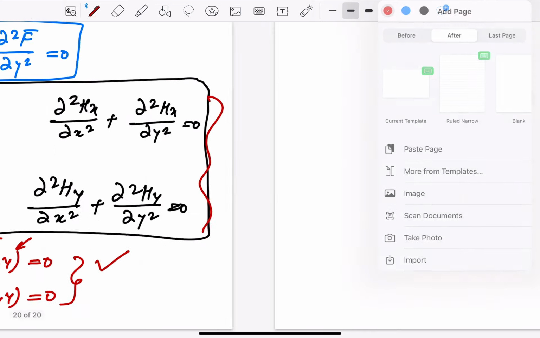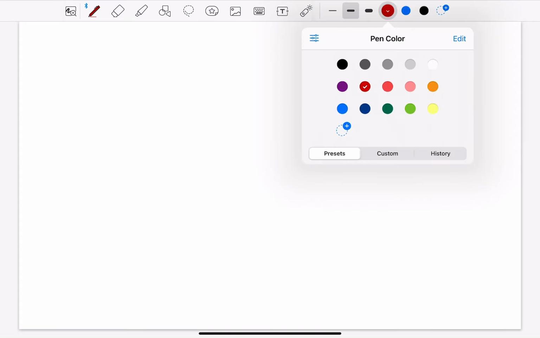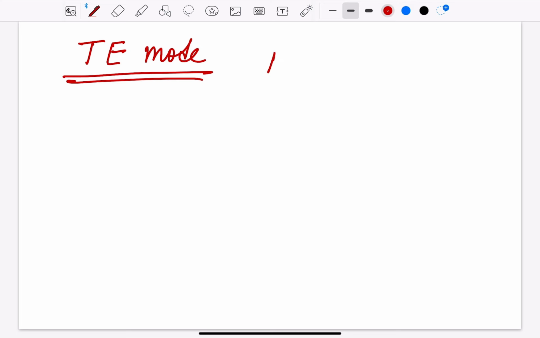Now another is the TE and TM mode. Let us quickly try to finish this part also. So let us talk about the TE mode. If you talk about the TE mode, Ez will be 0.